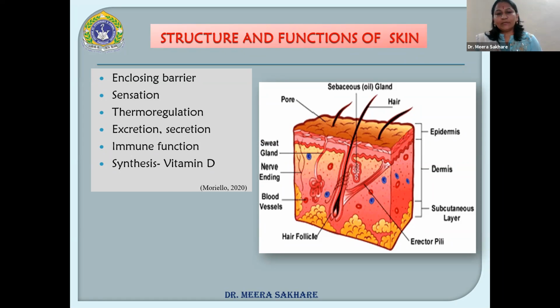One of the important functions is immune function. The keratinocytes in the uppermost layer of the skin have a major role in the immunity of the animal. Then there is synthesis of vitamin D. Calcium is absorbed in the bone marrow as well as in the Peyer's patches of the intestine, and for its proper absorption, vitamin D is needed.